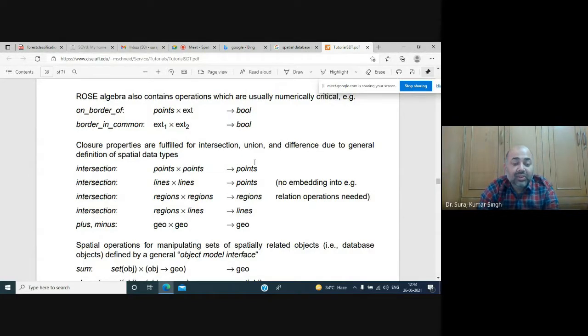So closure properties are fulfilled for intersection, union, and difference due to the general definition of spatial data types, like intersection point into point is a point, intersection line into line is a point, then intersection regions into region is a region, intersection region into line is a line, then plus and minus geo into geo equals geo.